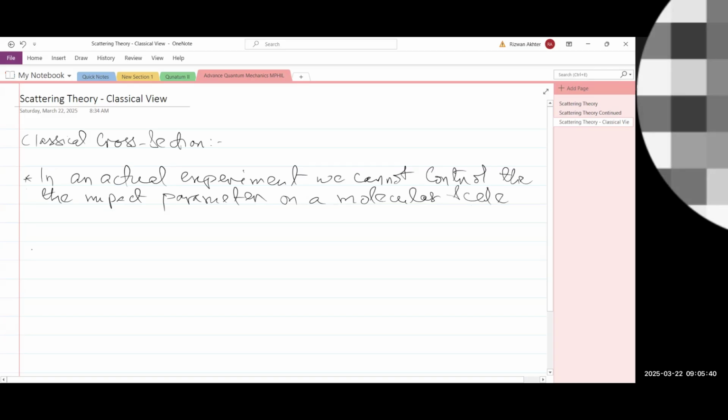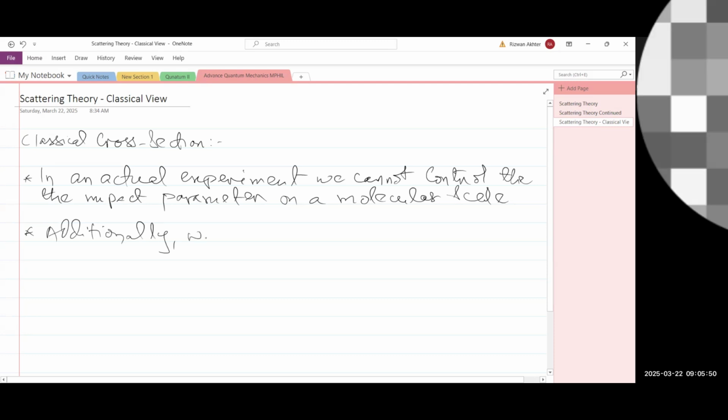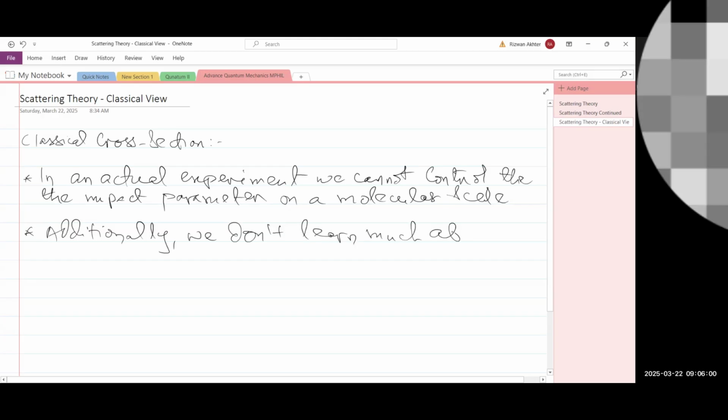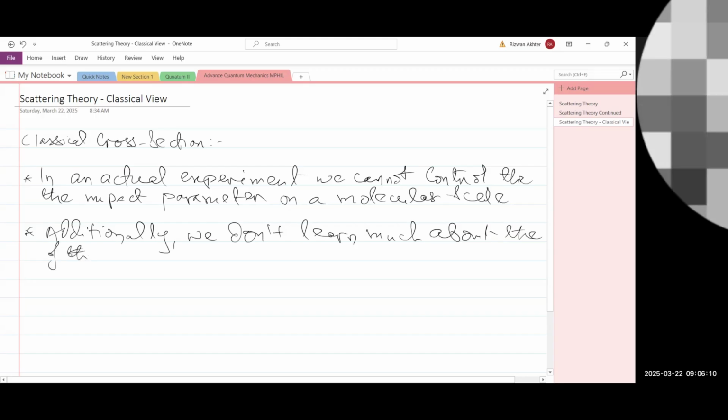The best we could do in such an actual experiment is that we don't learn much about the passage of a single particle.